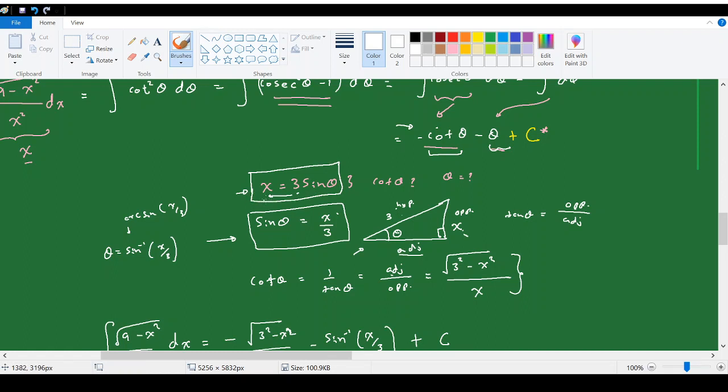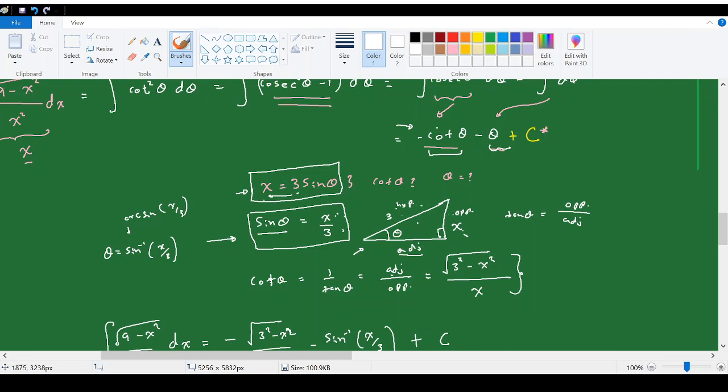From the initial substitution, we take a relationship for sine theta or the corresponding trigonometric variable, and then we draw a right angle triangle, mark the sides properly, and since this is a right angle triangle, we should be able to find the unknown side.